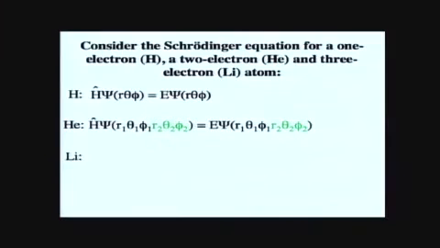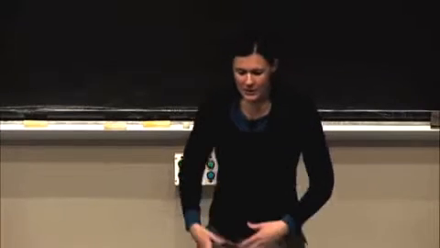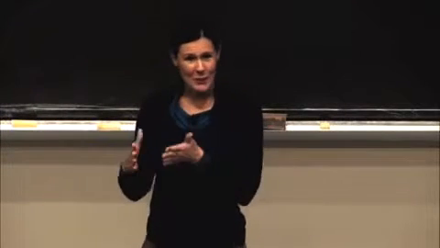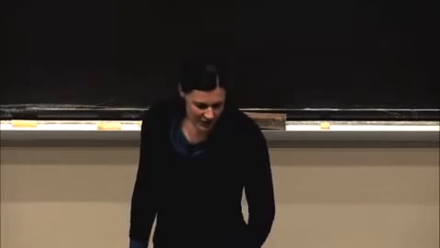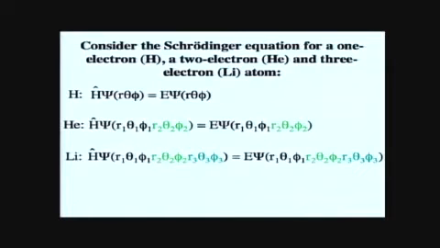If you think about what happens when we go from hydrogen to helium, now instead of 1 electron, so 3 position variables, we have to describe 2 electrons. So now we have 6 position variables that we need to plug into our Schrodinger equation. Similarly, as we now move up only 1 more atom in the table, to an atomic number of 3, or lithium, now we're going from 6 variables all the way to 9 variables.